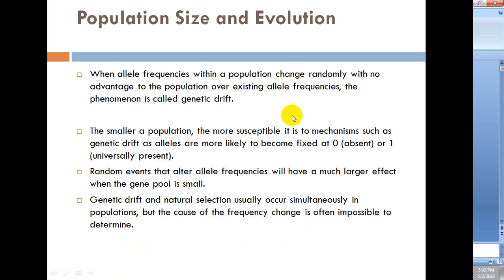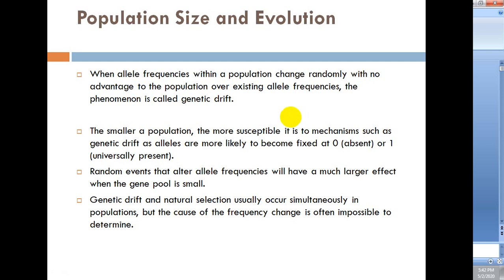When allelic frequency within a population changes randomly, with no advantage to the population over the existing allelic frequency, the phenomenon is called genetic drift. So in genetic drift, there is no advantage to the population.